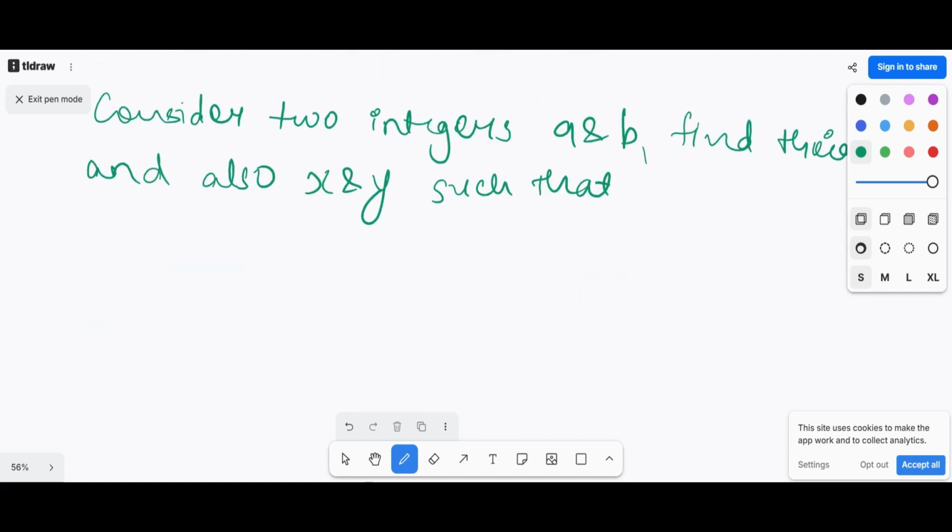This Euclidean algorithm, we're not going to use it much. We're going to use the second approach, which I'm going to tell you. But still, it could be useful for some cases where the second approach will not be applicable.